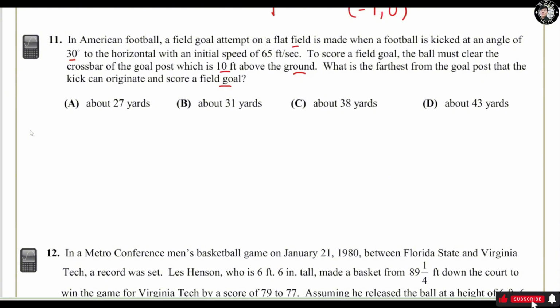Now remember, you have the formula for the position vector for a projectile. It's going to be r of t is v0 cosine of theta t i plus h plus v0 sine theta of t minus 1 over 2 g t squared j.